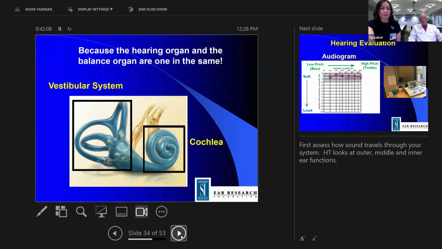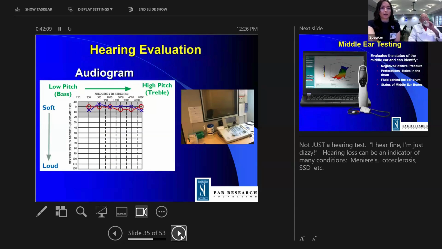So whenever we start with a hearing test, we'll look at a few things in particular to help us understand what the potential diagnosis could be. So first, we'll look at the degree of your hearing loss. We want to know, one, do you have a hearing loss and how severe is it? We want to see what the configuration looks like.